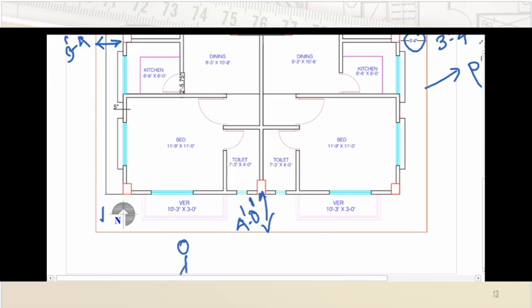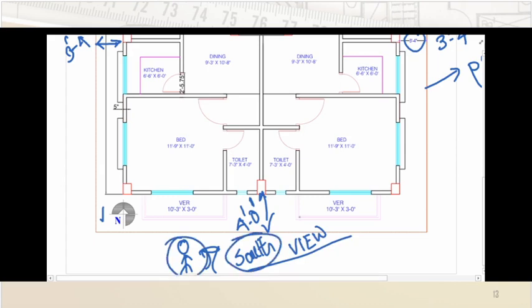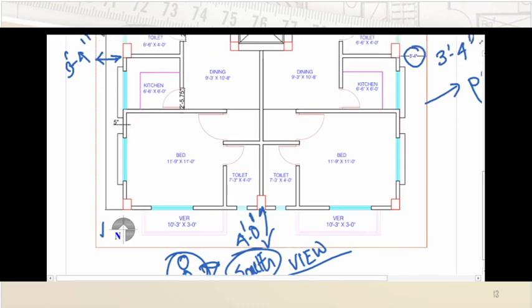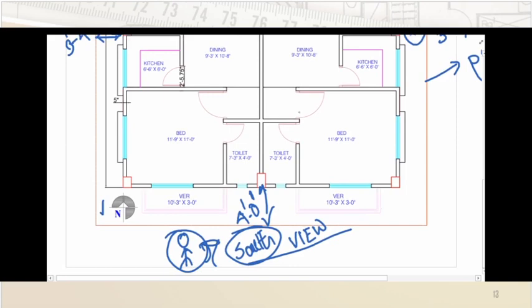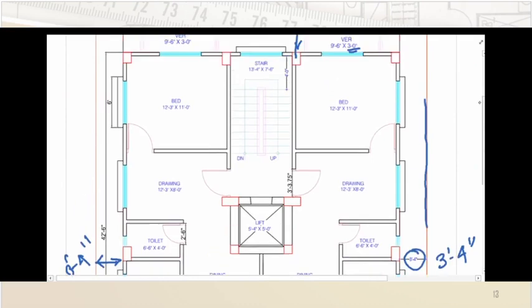If you stand over there and watch from there, this will be the south view of the building. It indicates you are placed to the south of the building, not that you are looking toward the south. Rather, you are looking towards the north, but you are on the south side of the building.